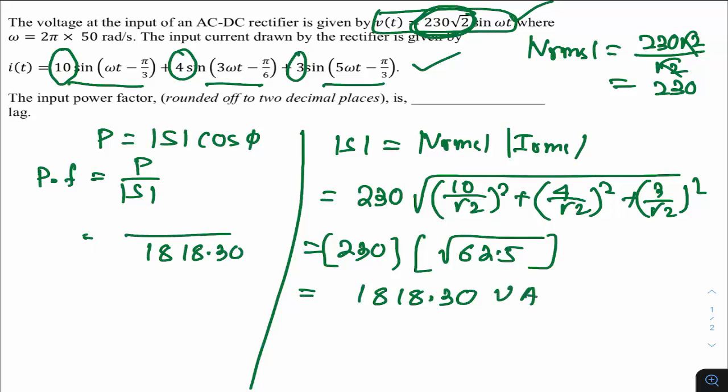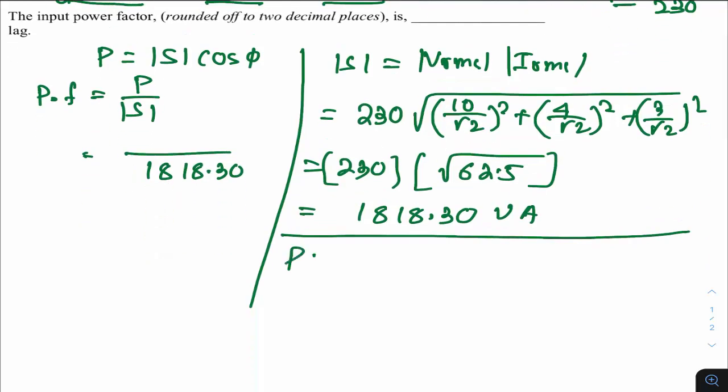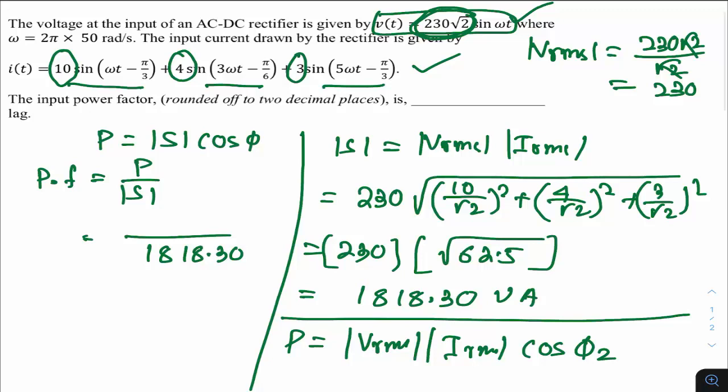The dimension of S, the apparent power, is volt amperes. But how do you get P? P is given by the standard formula, magnitude of V RMS into I RMS into cos of phi Z. In this case, the voltage has a single frequency, but the current has three different frequencies: omega, 3 omega and 5 omega.